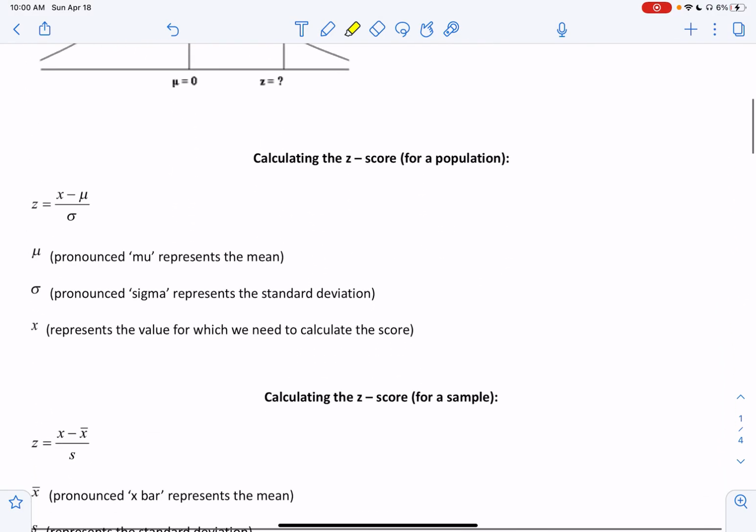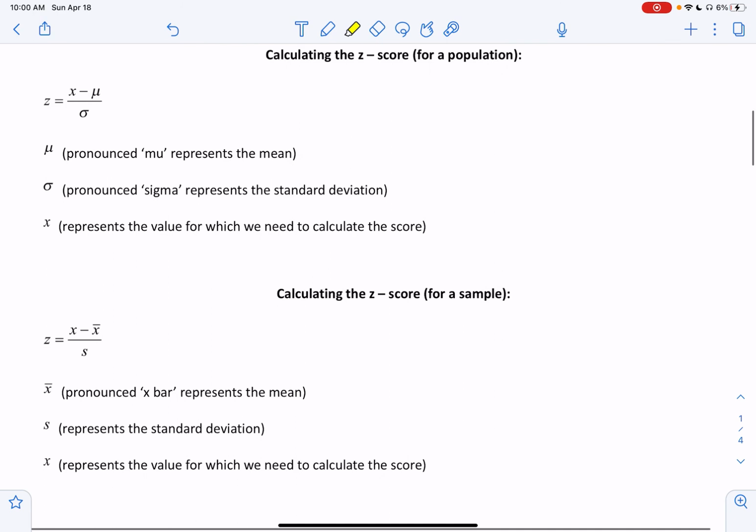So here's our formulas. Just like our mean and our standard deviation formulas, we have two different versions. We have one for a population and one for a sample. And you'll notice that the notation for the populations and samples from our previous lessons continues here.